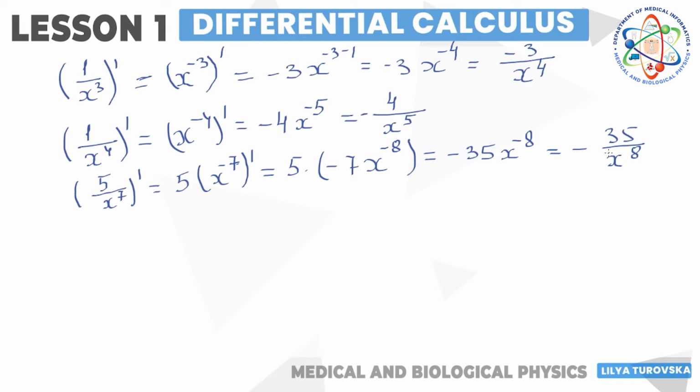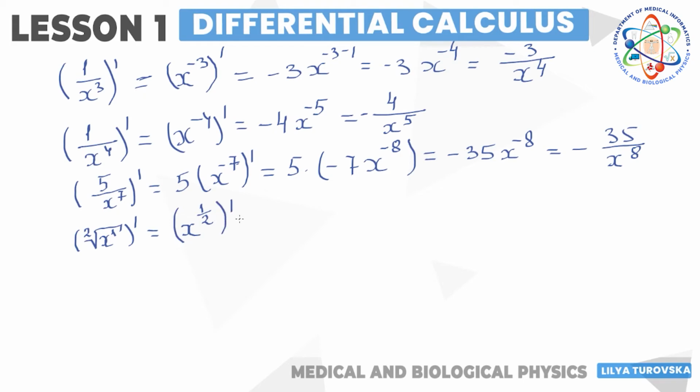Let's focus on differentiation of radical functions, and the first example is the square root of x. What can we do now? You should remember that for the square root, here we have power 2, here we have 1. We can rewrite it to natural form, and we will get x to the power 1 over 2.